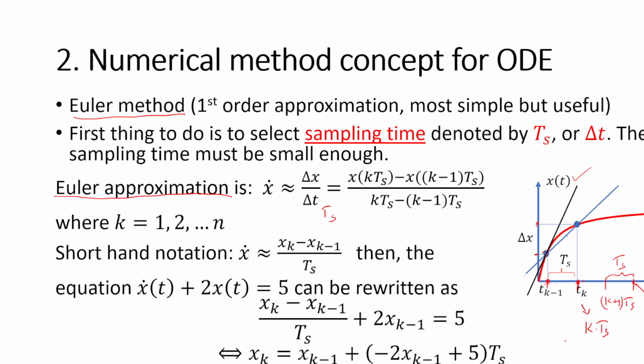To reduce the notation, not to have too many symbols, just use k: h at time k Ts is denoted by hk, and this one by hk minus 1, something like that. Then you substitute this into the original equation, and you can have a discrete equation. This is called a discrete equation.